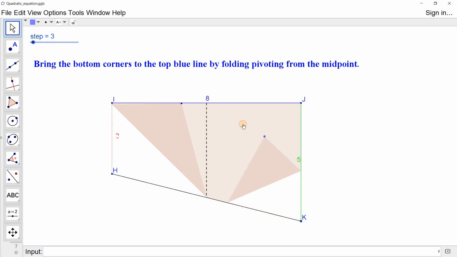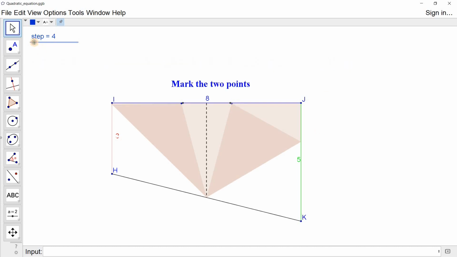And same with this vertex, we bring it to the blue line and just touching the middle crease like this. So in step 4 we mark these 2 points and again unfold the paper like this. So these will be the 2 marks thus obtained.